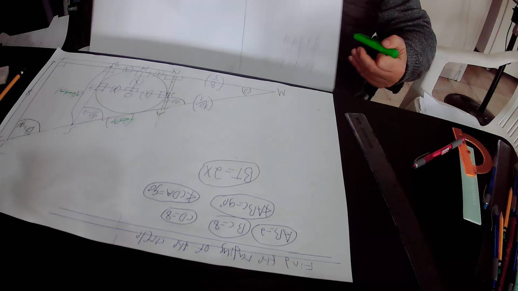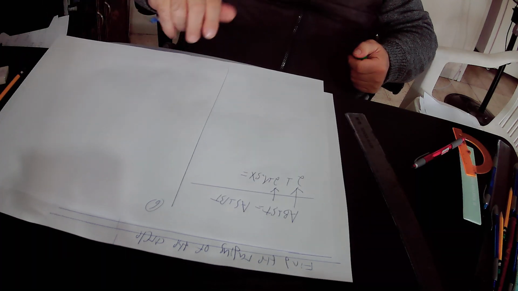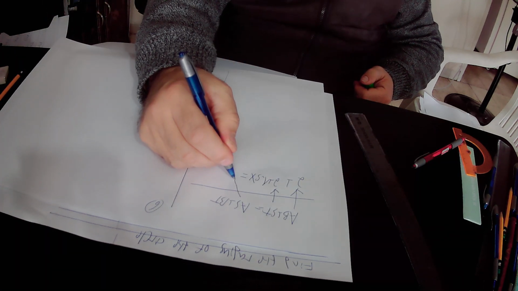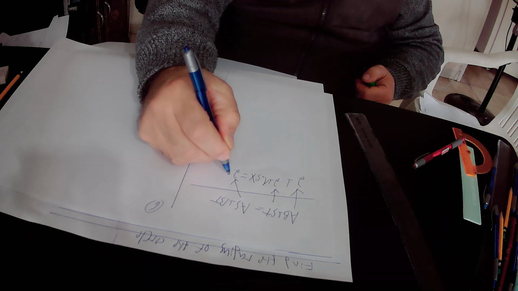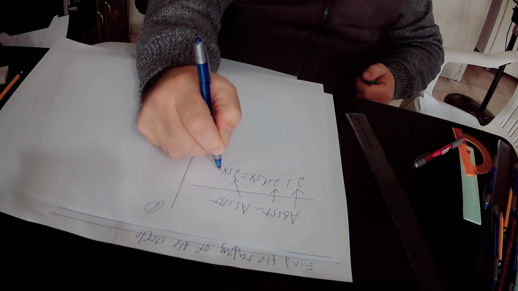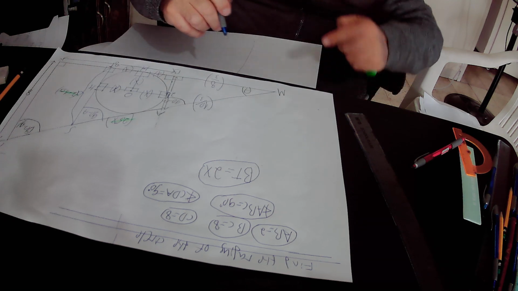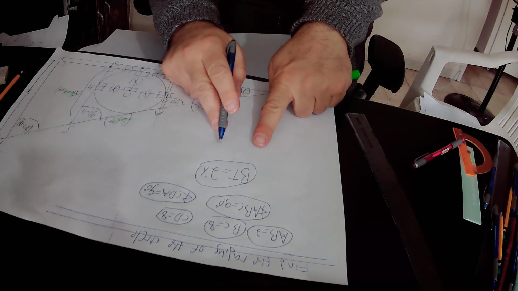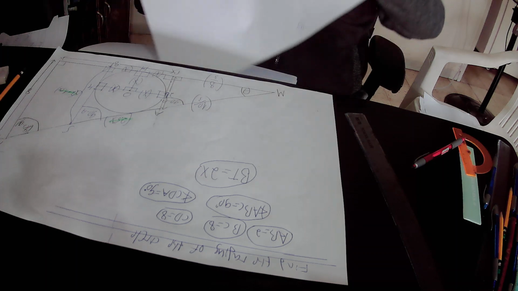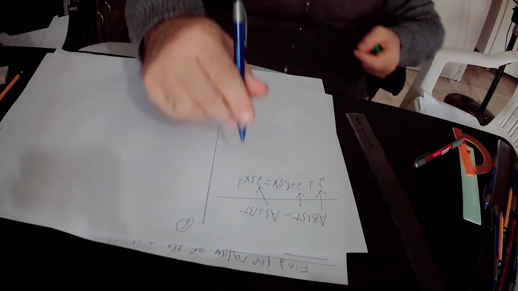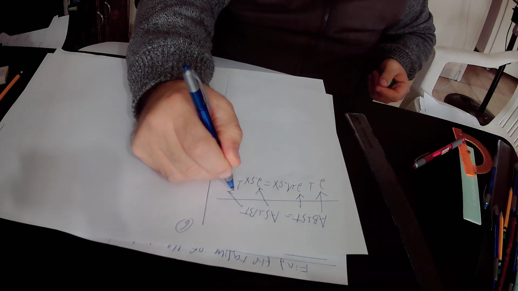Therefore, we substitute AS in this equation by 2.5x, plus BT. Here BT equals 2x. Therefore, we substitute BT in this equation by 2x.